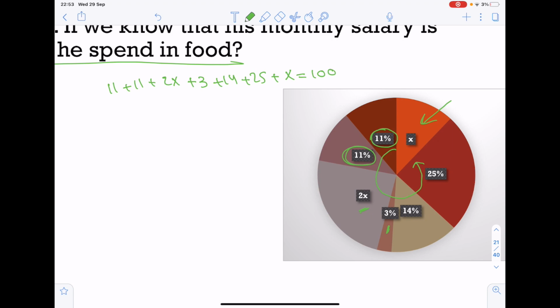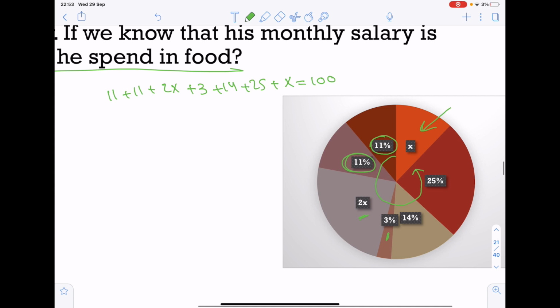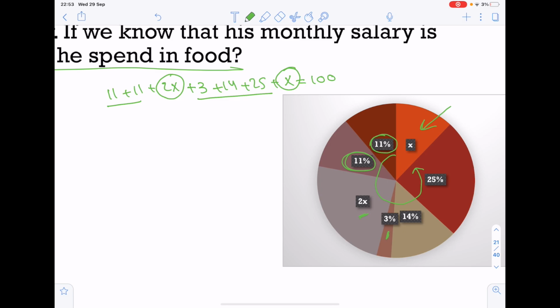And we're asked here to find x. Now 2x with x is 3x, and we will add those values together. So 3x plus, this is 22, 22 with 3 is 25, with 25 is 50, with 14 is 64. So 3x plus 64 equals 100.